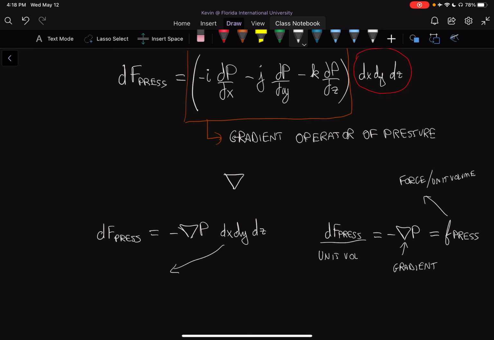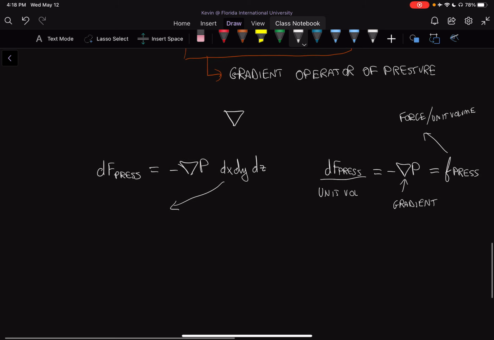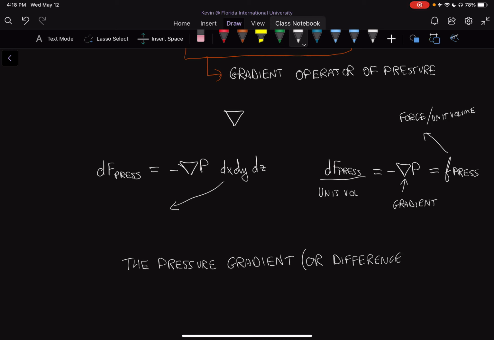So what we can conclude from this is that if there is a pressure gradient, it will result in a net force. The pressure gradient, which is also thought of as the pressure difference between two points, causes a net force.